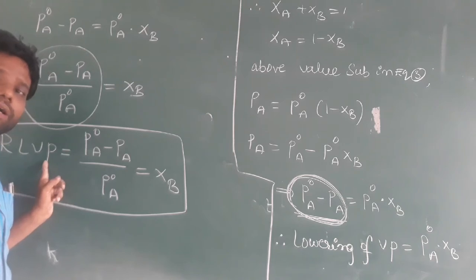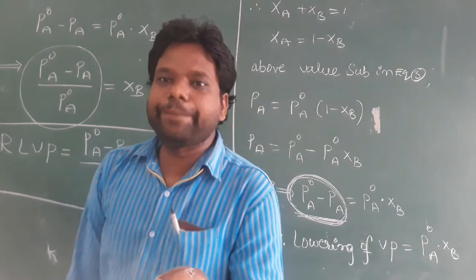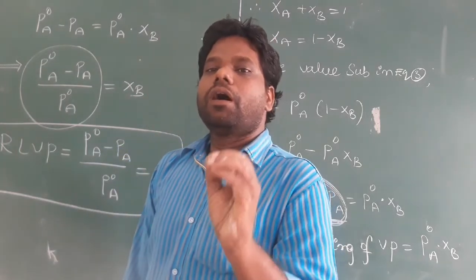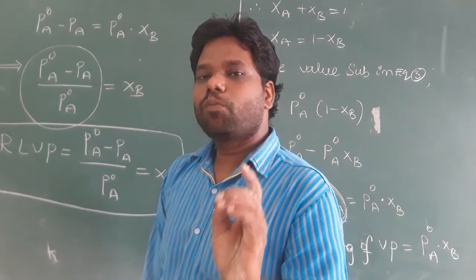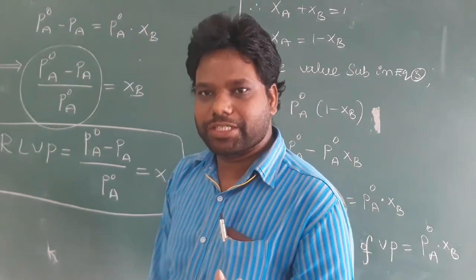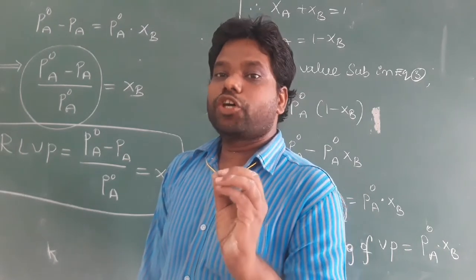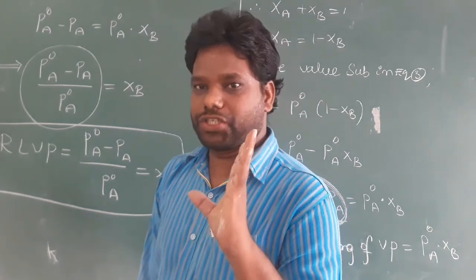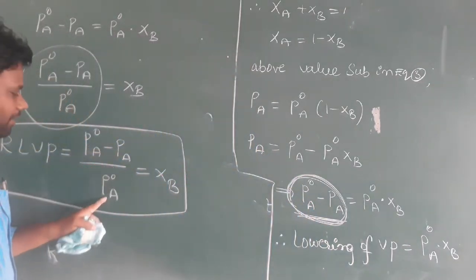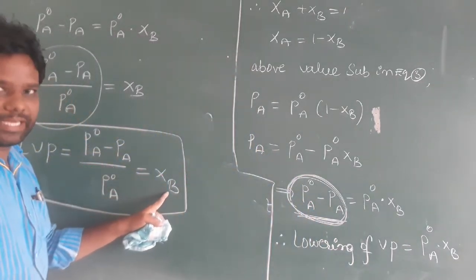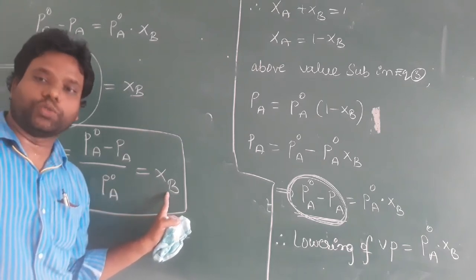What is meant by the colligative properties? The properties of solution which depend on the number of solute particles like moles, ions, molecules and mole fractions. It does not depend on the nature of the solute particles. Okay. Now P naught A minus PA by P naught A is equal to XB. XB is the mole fraction of the solute.